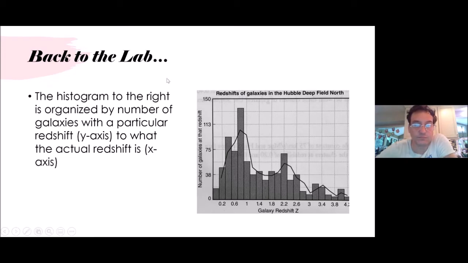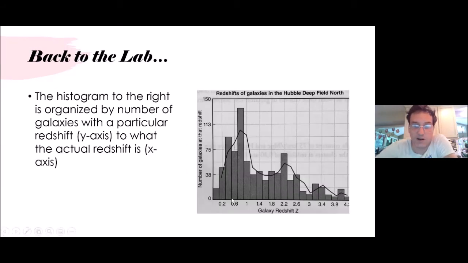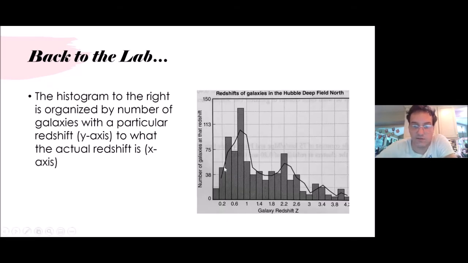And if we make a histogram of all of these, and count, for example, all of those that are about 0.2, where's one that's 0.2? I'm not really finding one that says 0.2, but that's okay because notice that there's not very many of them.